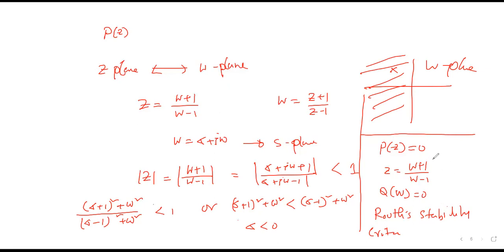But the difficulty with this one is the amount of computation required for this method is way too much compared to Jury's method. So that is why in most cases, this one is not used.